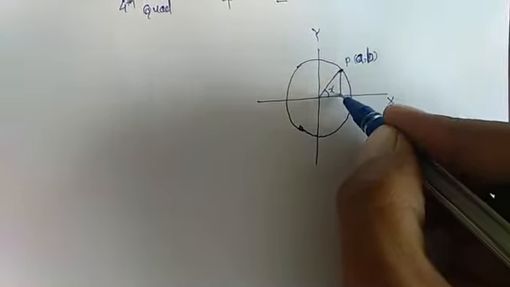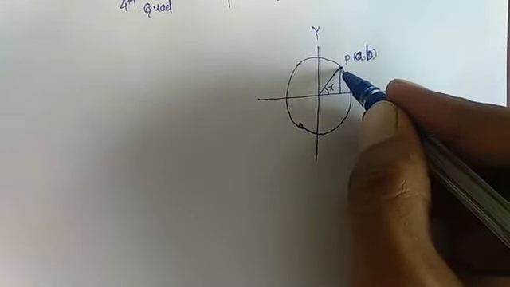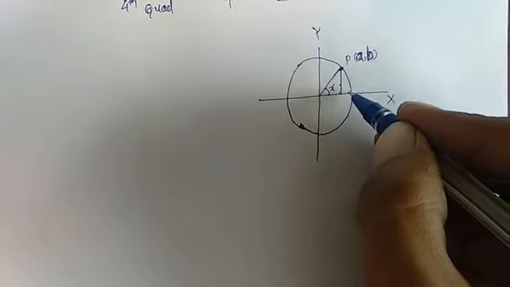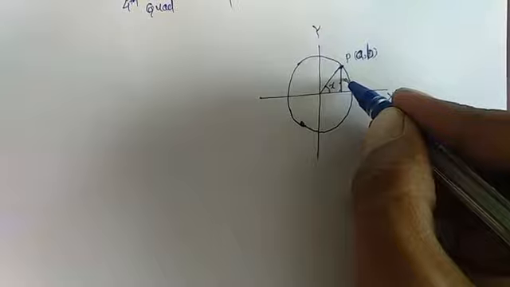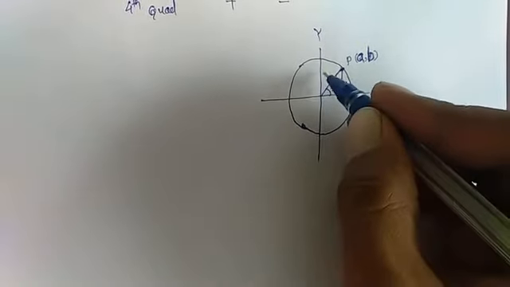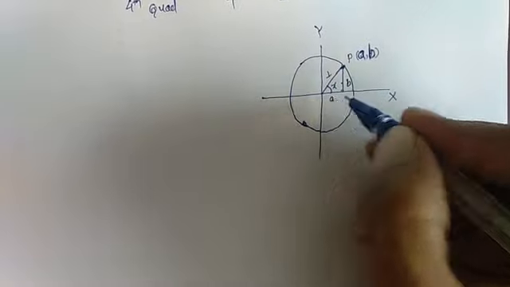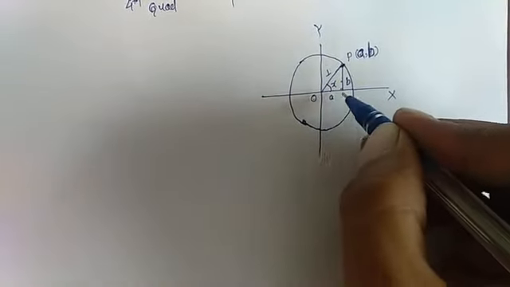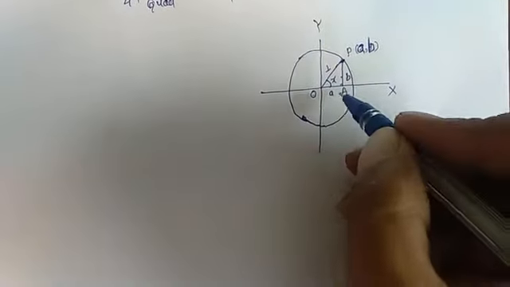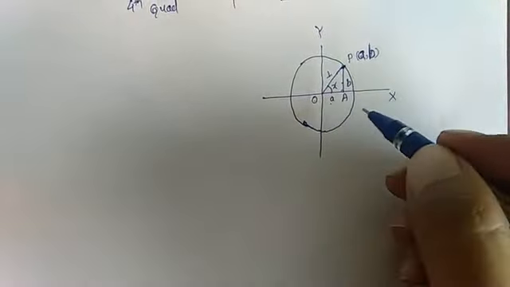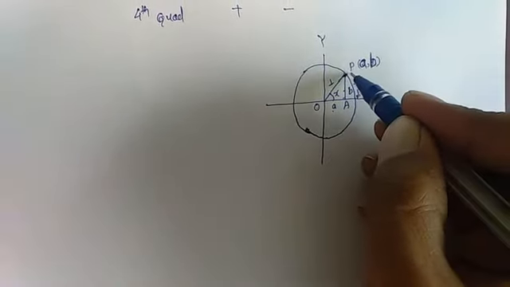Now P is at a distance B from the x-axis. It is a unit circle, so the radius is 1, and from O to A it is at a distance A. The arc length is x.